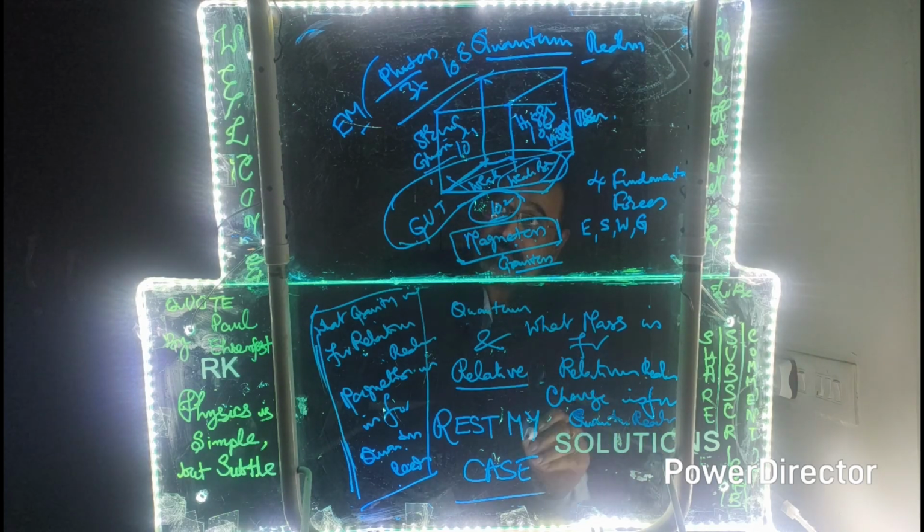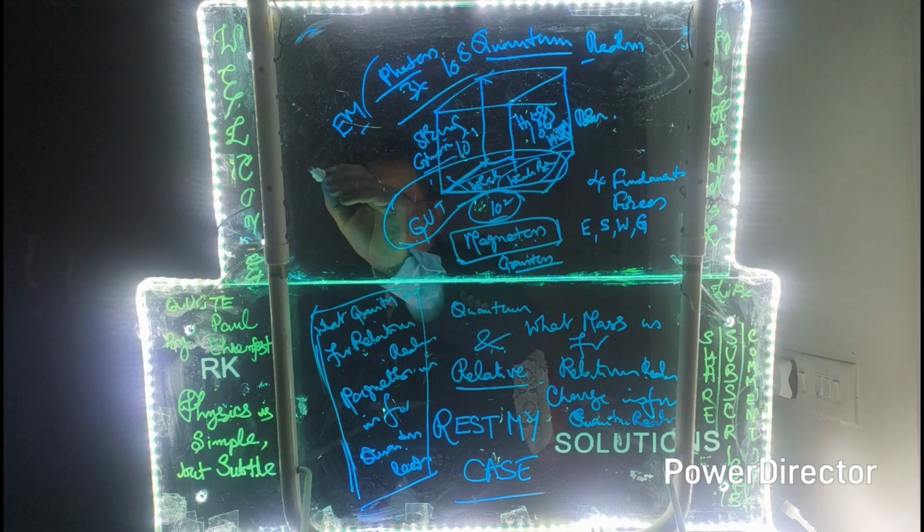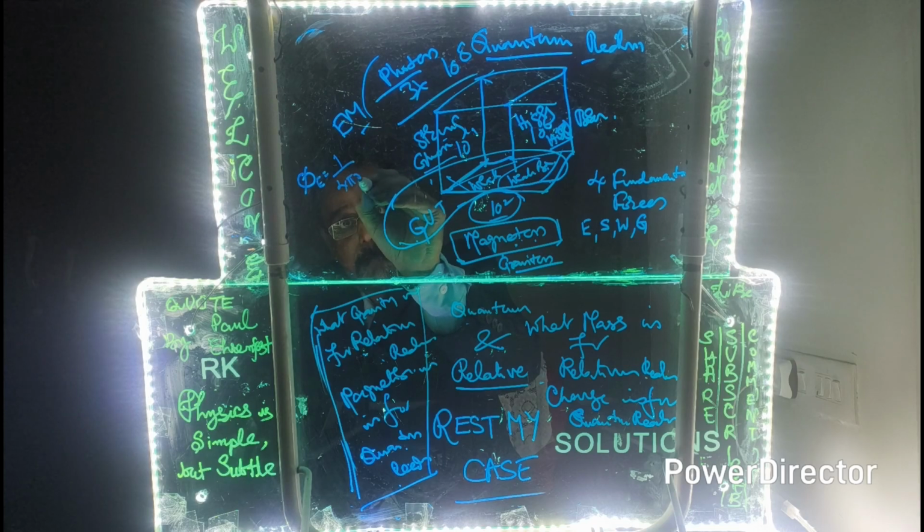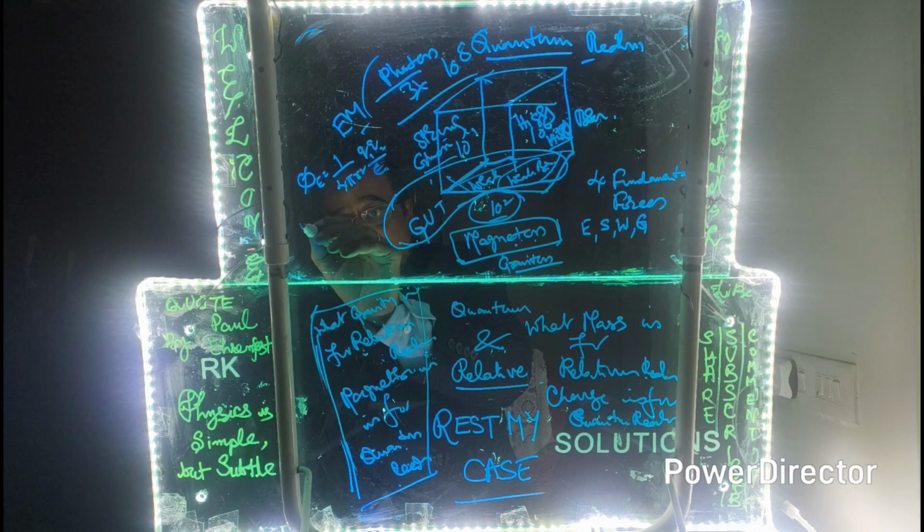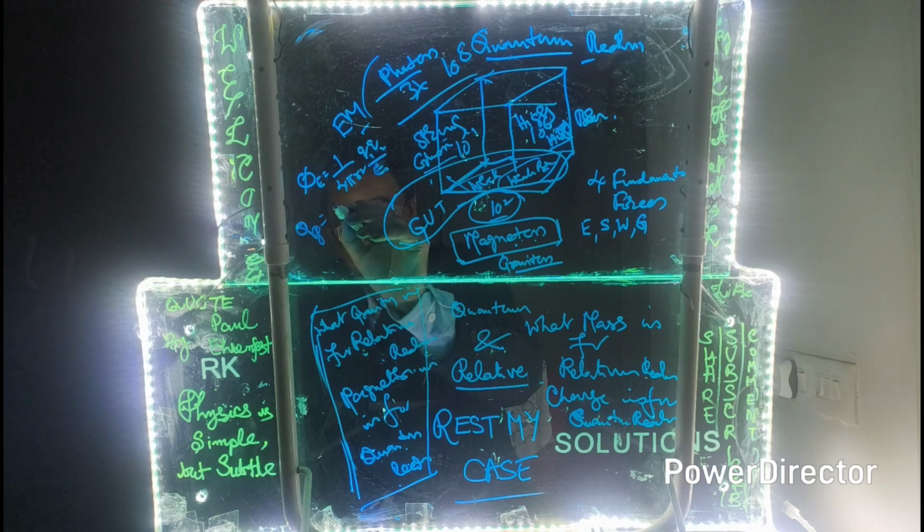That is the reason why you have the electric flux equal to 1 by 4 pi epsilon, Q1 Q2 by R squared.